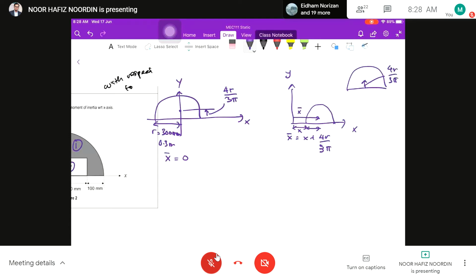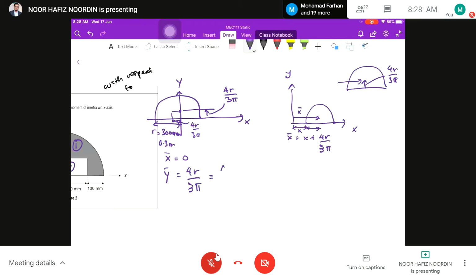The same thing goes for x. So x pun sama juga, dia ada jarak dia, sini ke sini, nilai dia adalah 4r divided by 3 pi, sama. So untuk y of course we have value lah, sebab dia ada sebelah atas. So y bar equal to 4r divided by 3 pi.